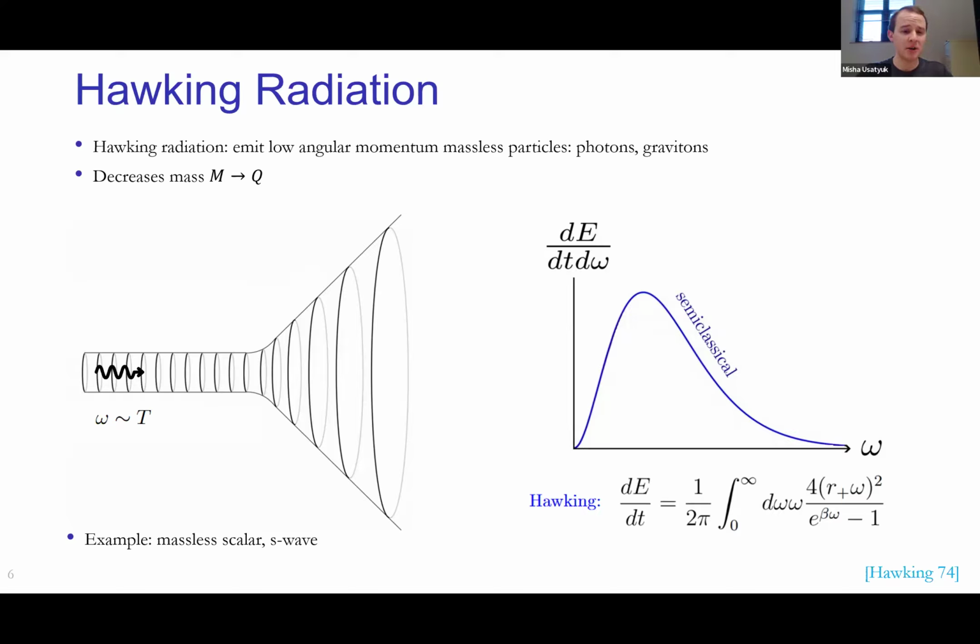On the left-hand side, I've drawn a pictorial diagram you should have in mind of this process. Some photon or some mode drawn in black is produced at the event horizon, and it tries to tunnel down this AdS2 throat and get out to asymptotic infinity. What I haven't drawn in this diagram is that this photon feels an effective potential barrier from the black hole. That's not drawn, but it's some bump over here.